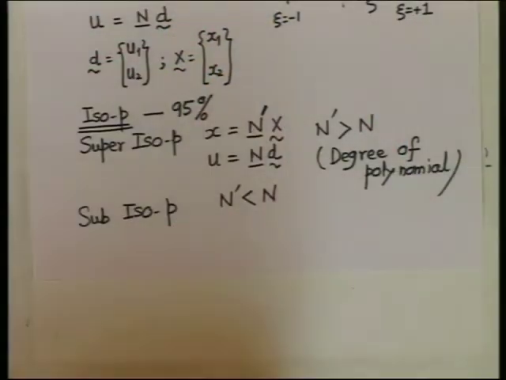Now, after this, we have to extend this. We can explain these things in a much better way when it is one dimension, but in two dimension and three dimension, the same concept can be extended.